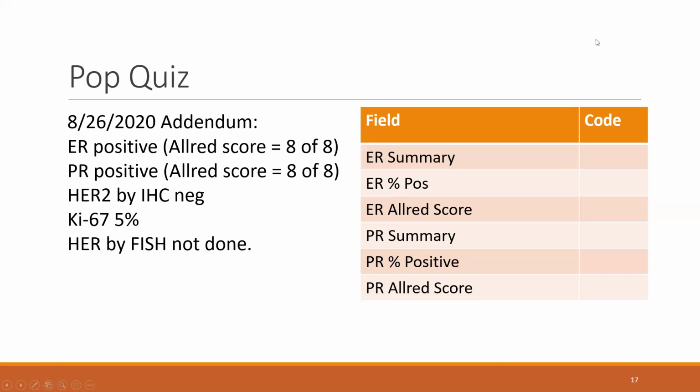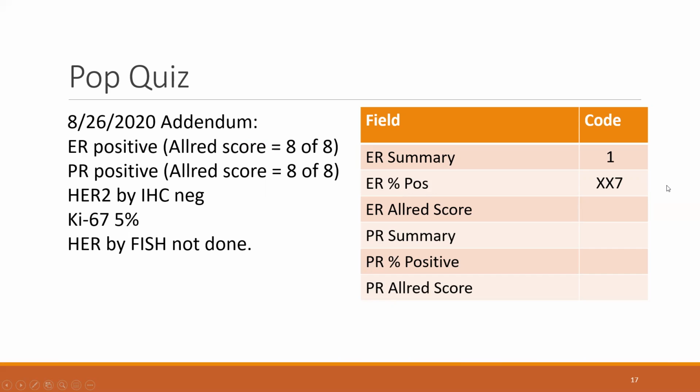In this case, the ER and the PR are positive. We do not have the percent positive, but we do have the all-red score. So you can't back calculate it either. You could only calculate the all-red score. So let's go through this. The ER summary was positive. So that's a 1. And then the ER percent positive, we know it was done.